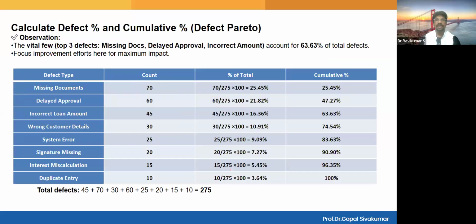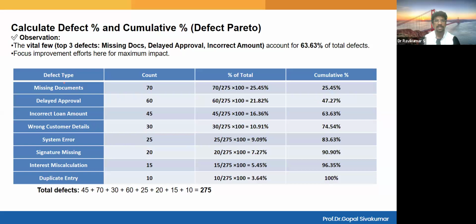Now if you calculate the individual percentage and cumulative percentage, it looks like this. You could convert this into a Pareto easily, and you could find that the top three, which contribute nearly 65 percent of the errors, are missing documents, delayed approval, and incorrect loan amount.